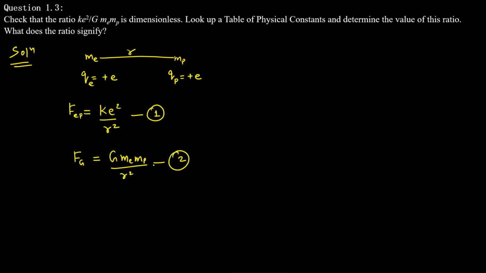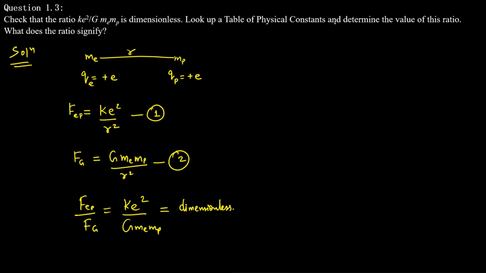Now actually we need the ratio, so F electrostatic upon Fg, if we calculate that, it will be K e square upon G Me into Mp. This is the ratio of two forces, which will definitely be dimensionless.